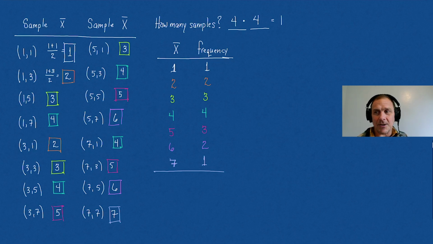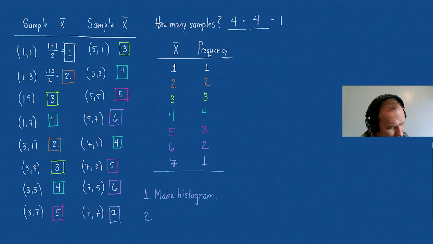So the first thing I want to do, there's 3 things to do. Here, 1, make the histogram. 2, we want to find the mean of the sample means.